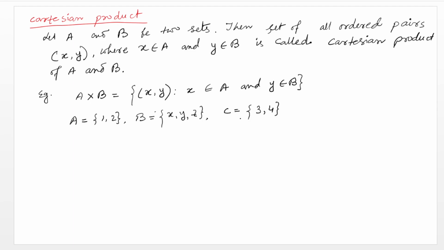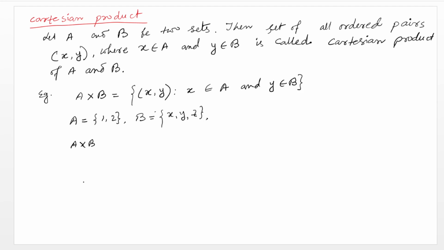Now what will be the Cartesian product of A cross B cross C? Or simply, we just remove this, not necessary, only A cross B.